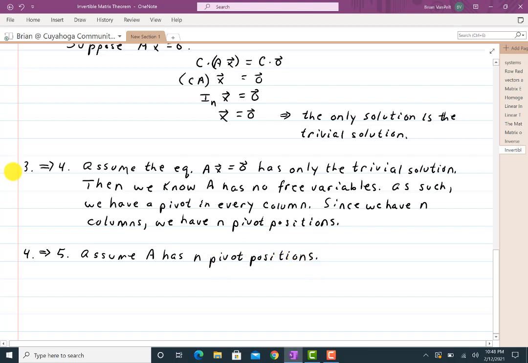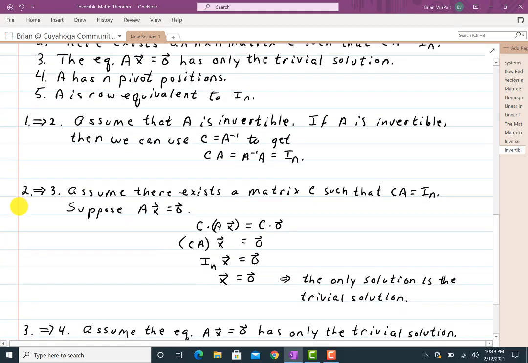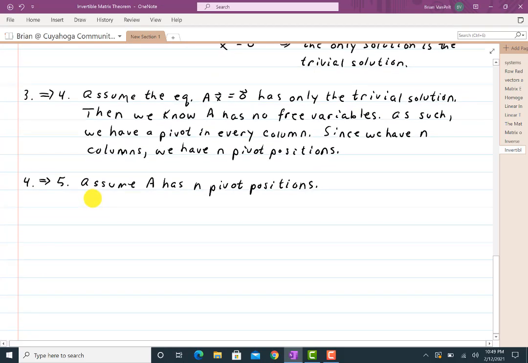And let's see what it is we're trying to prove. So I'm looking at number 5 now. Let's scroll back up. We want to prove that A is row equivalent to IN. Well, we're already assuming that A has n pivot positions, which of course means we have a pivot in every column.